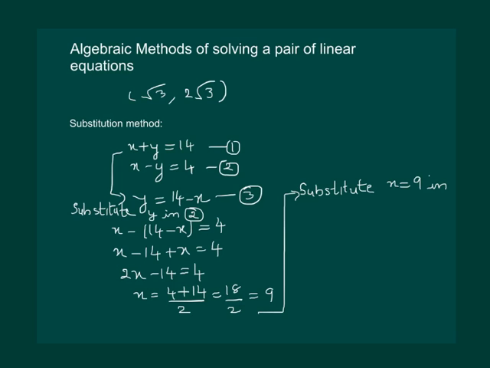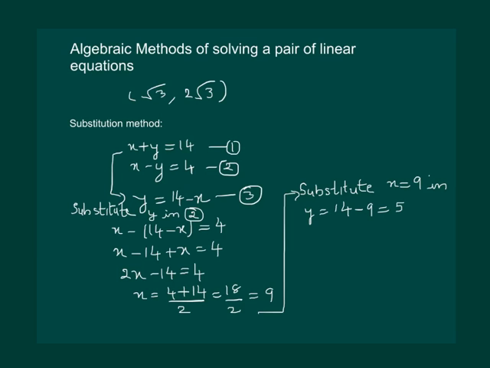Now substitute this value of x in the equation that we have obtained in step 2. We get y equal to 14 minus 9, that is 5.